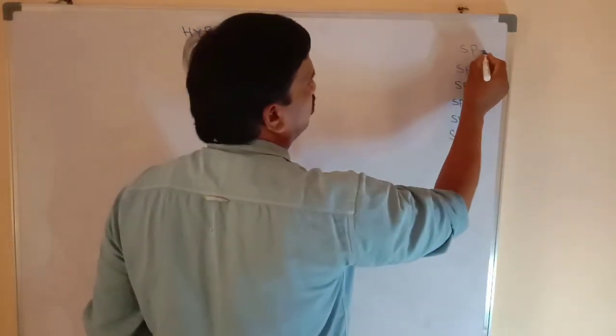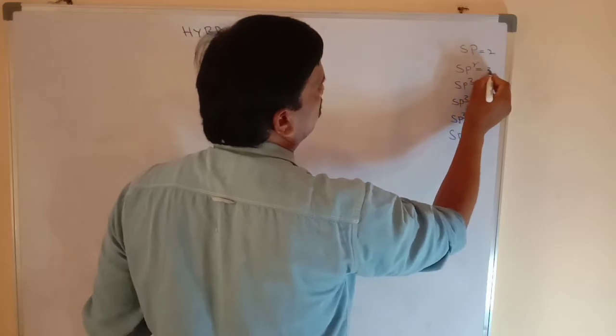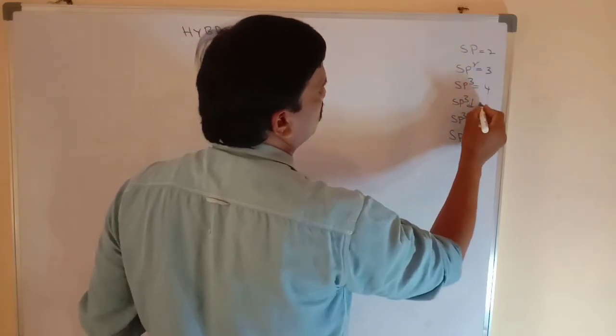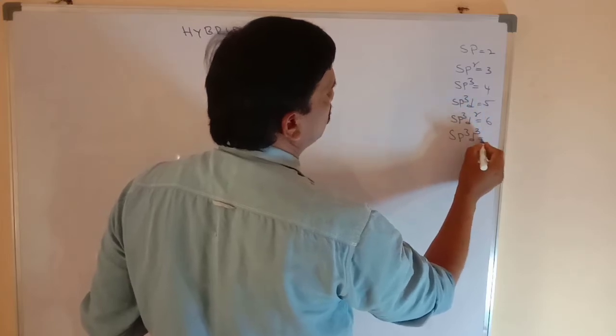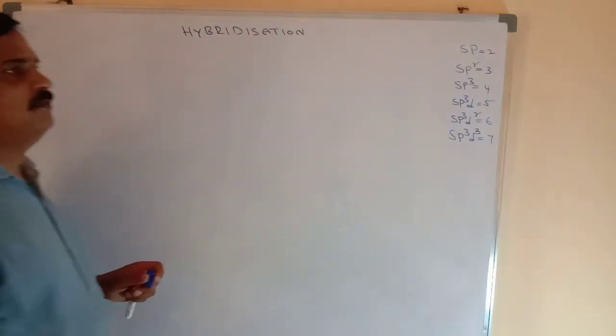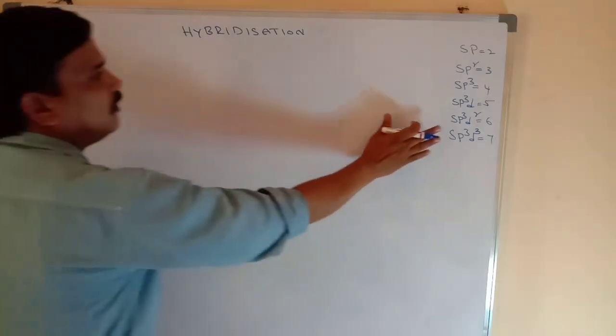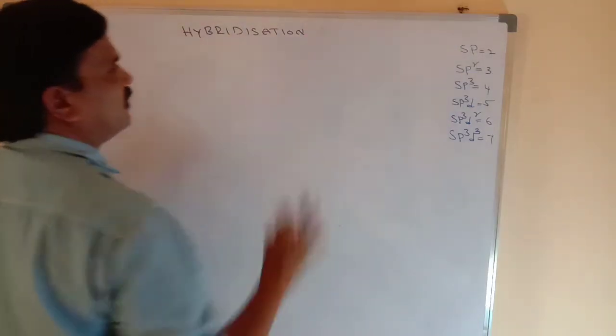Here remember that the sum of powers is 2, 3, 4, 5, 6 and 7 respectively. For trick purposes, remember the powers of the different types of hybridizations.